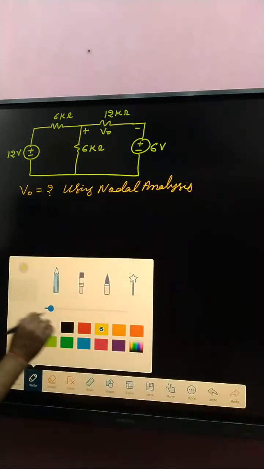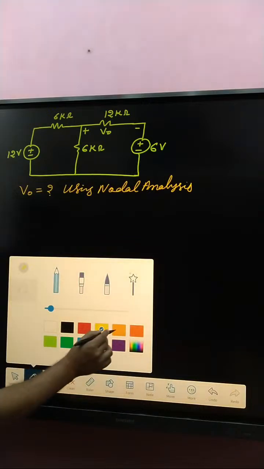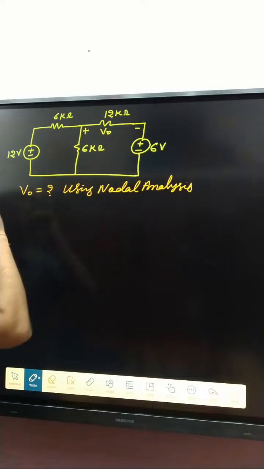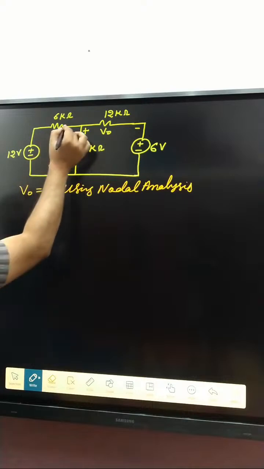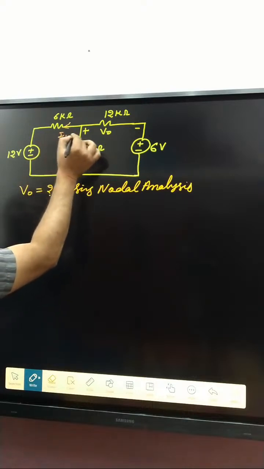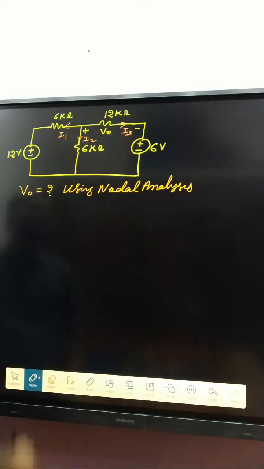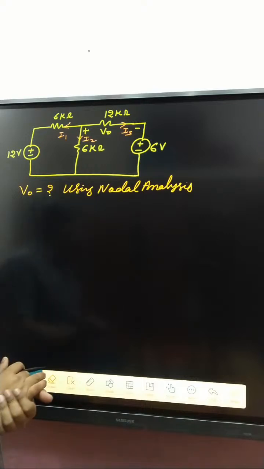If you use nodal analysis, first of all, nodal analysis says decide the branch currents. So we have considered here I1, here I2, and here I3. Next step, node voltages.